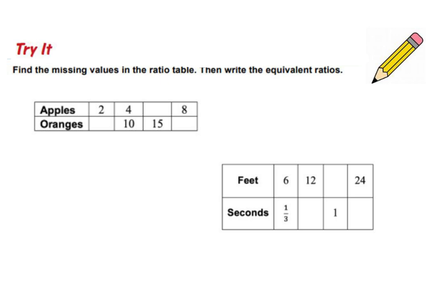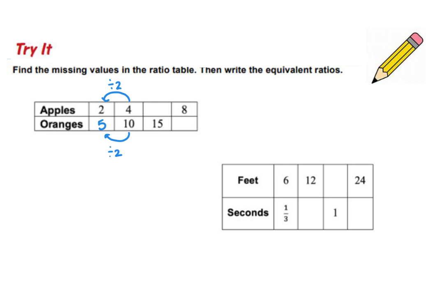And here's 2 more for you to try. Find the missing values in the ratio tables, then write the equivalent ratios. In this one, I noticed that if I go 4, I can divide by 2, and I get 2. So 10 divided by 2 is 5.